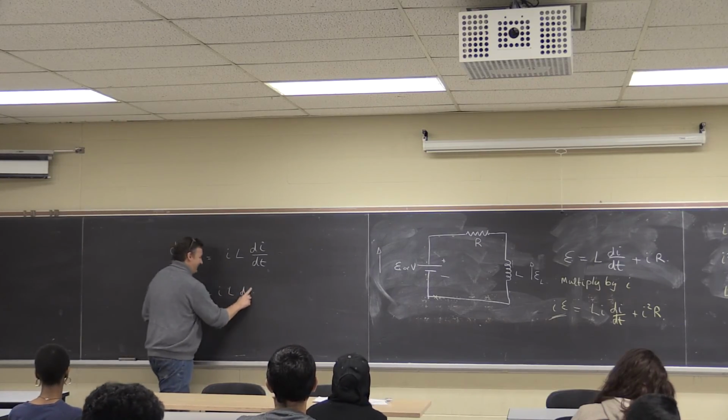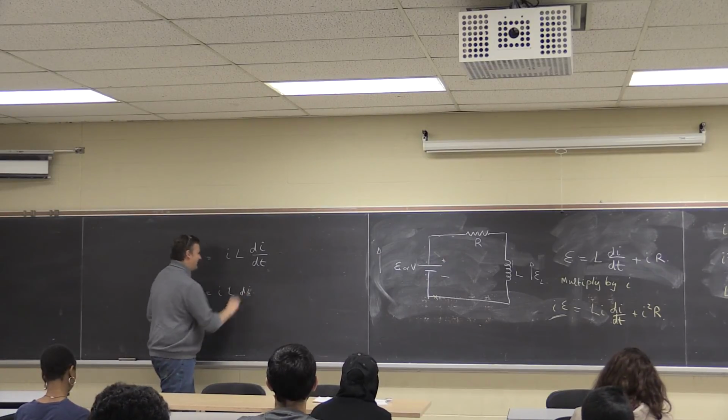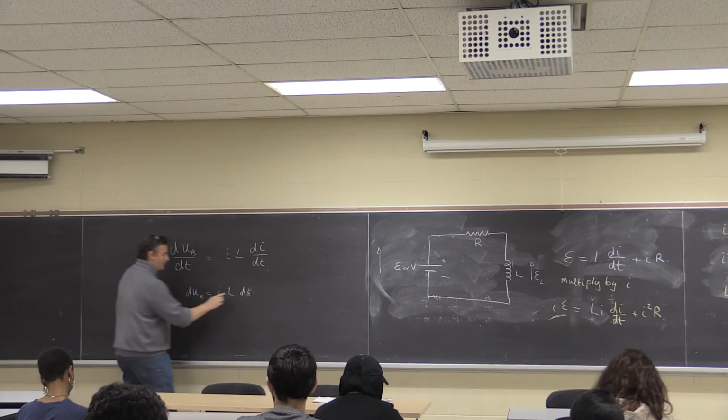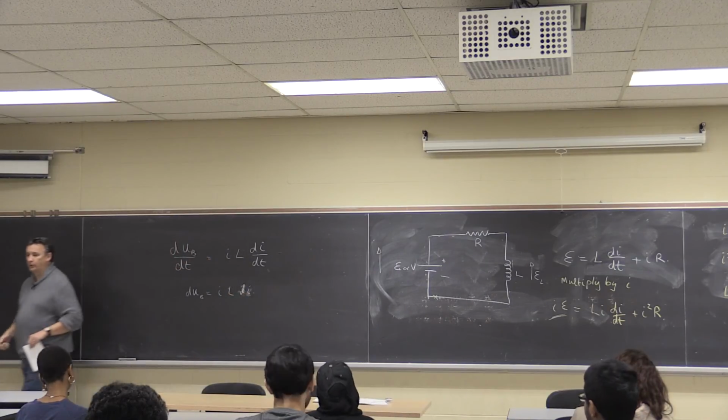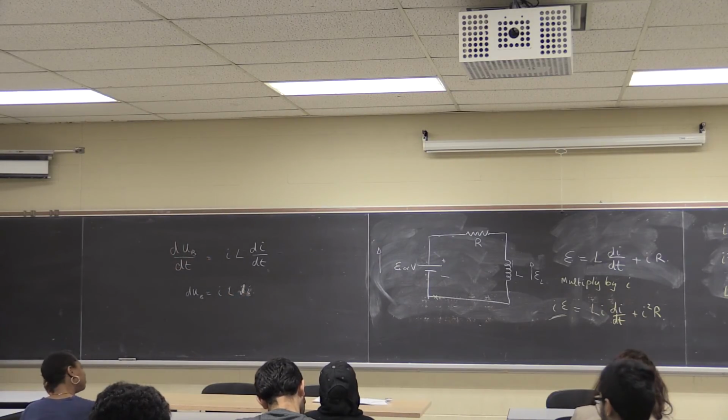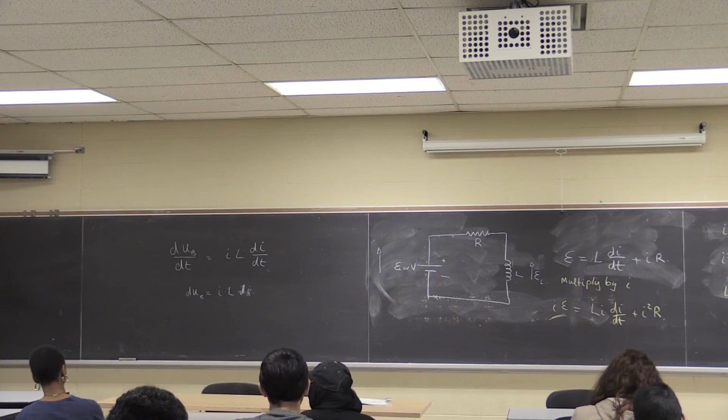We have to stay awake and follow on in this class because things can go wrong. Yeah, so the change of energy is related to a small change in current.